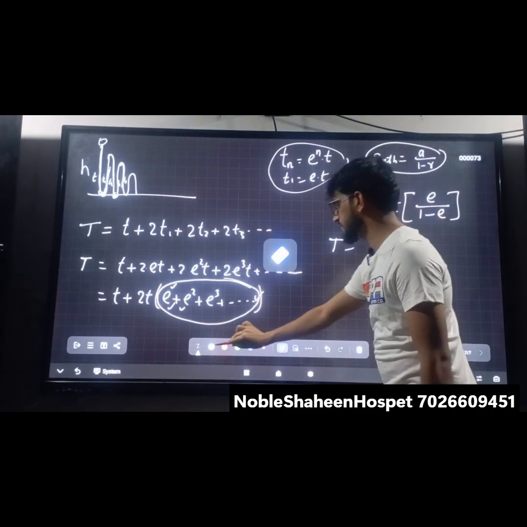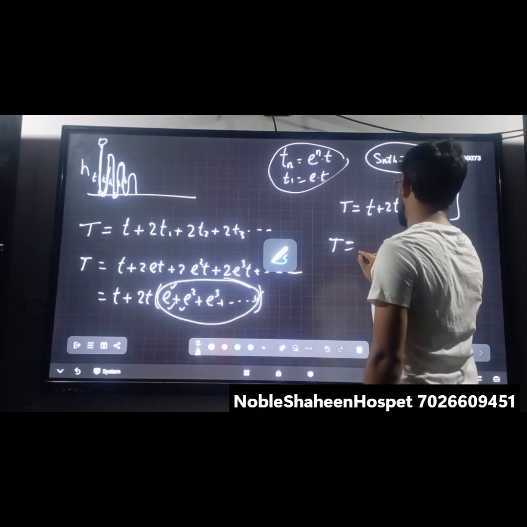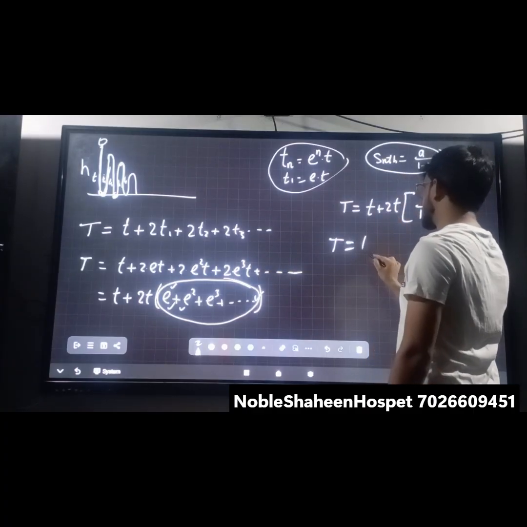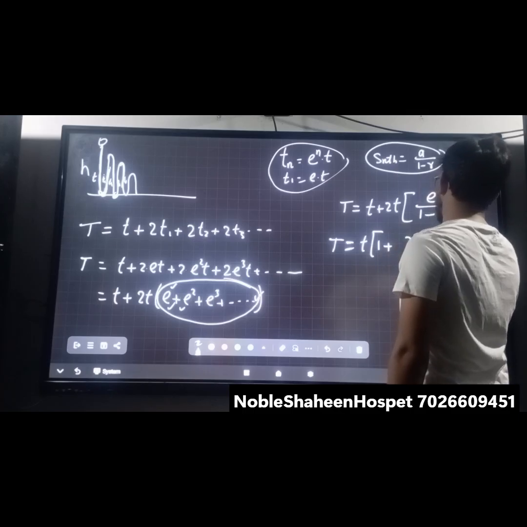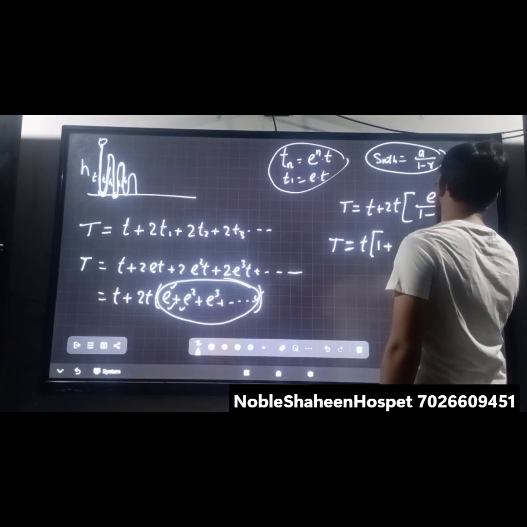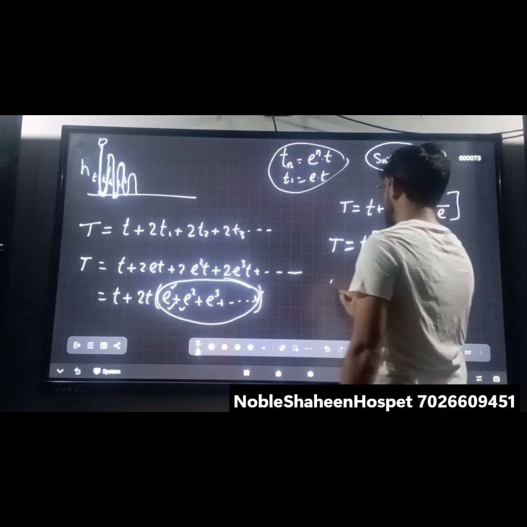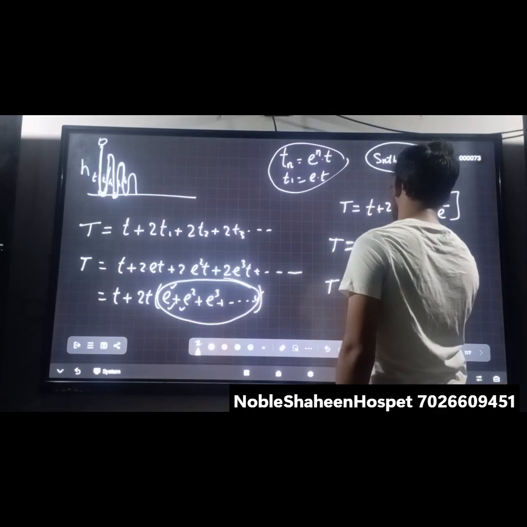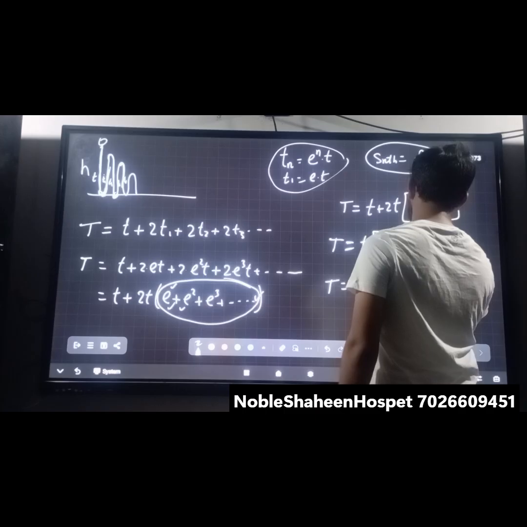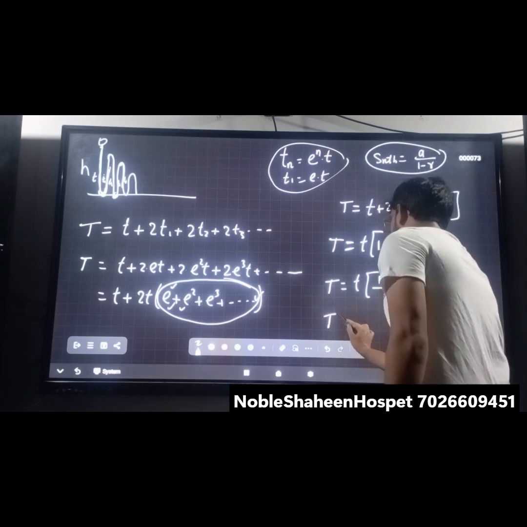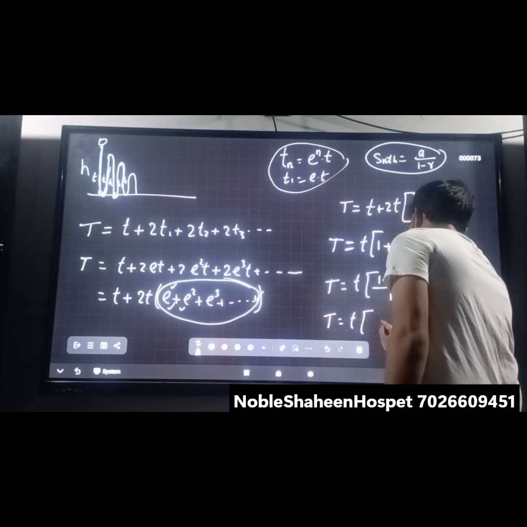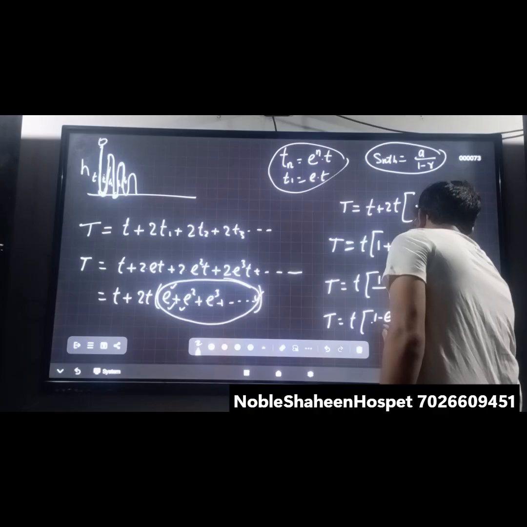We can also solve it like this: T is equal to, if we take t out, 1 plus 2e upon 1 minus e, or total time T will be equal to t into (1 minus e plus 2e) upon 1 minus e, or we can say this total time T is equal to t into (1 plus e) upon 1 minus e.